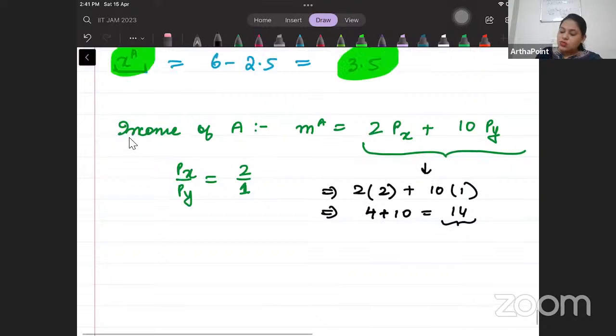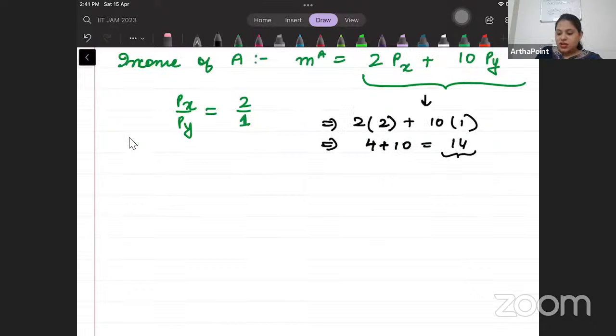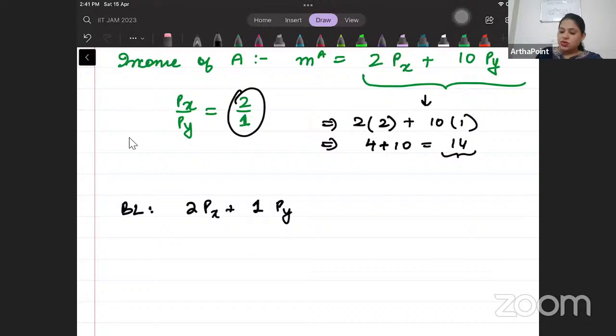But I have consumed 3.5 units of good X. And each unit of good X, so my budget line is this only, na, 2px plus 1py, because the price ratio is 2 and 1. So 2x plus 1y is equal to income of the consumer.